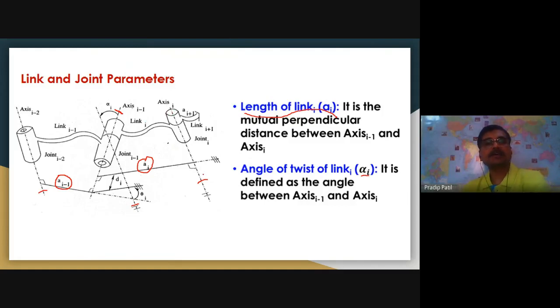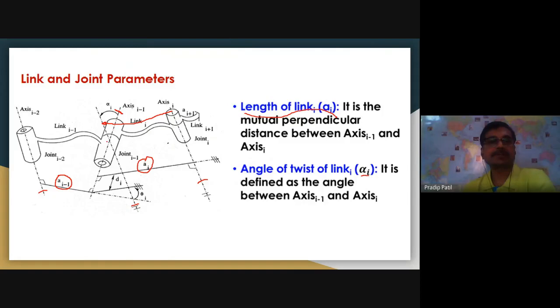Now how to find out the angle made between axis i minus 1 and axis i? Suppose I want to know alpha i. What I will do is move this axis i and intersect it with the axis i minus 1.